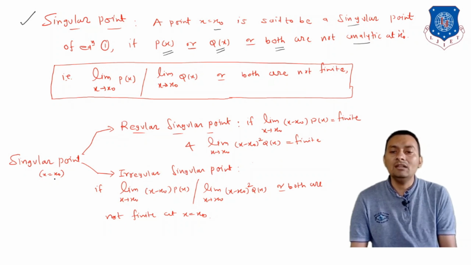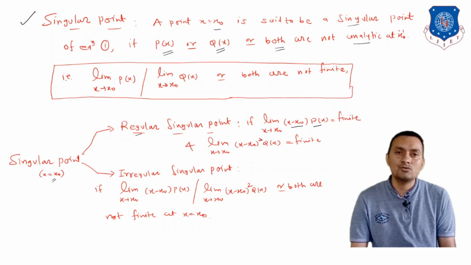So we call x is equal to x0 a regular singular point if the limit as x tends to x0 of (x minus x0) P of x and the limit as x tends to x0 of (x minus x0) square Q of x are both finite quantities. Then definitely we can say that x is equal to x0 is nothing but a regular singular point. What does it mean?